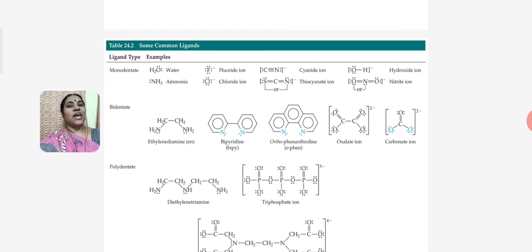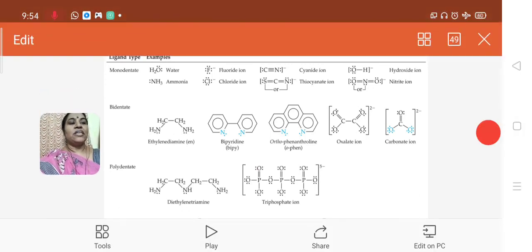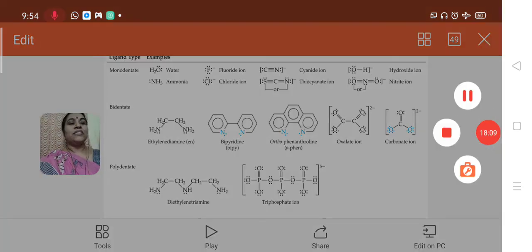All these can act as monodentate ligands. And coming to bidentate ligands, you can see ethane-1,2-diamine, bipyridine, orthophenanthroline, oxalate ion, carbonate ion acting as bidentate ligands.